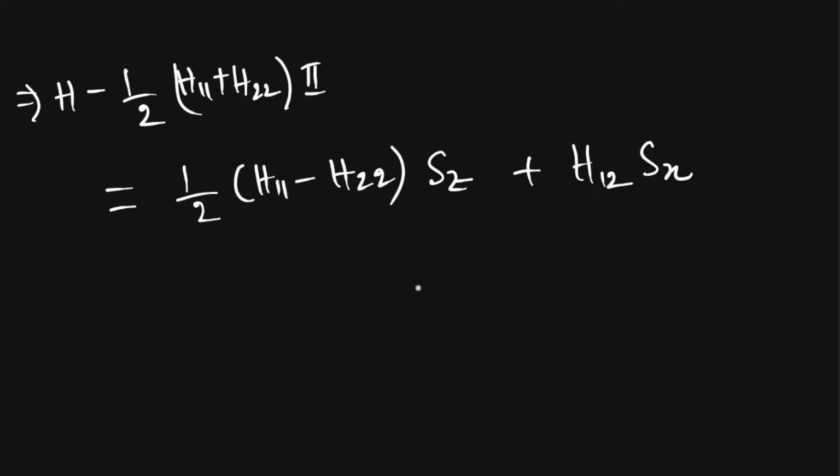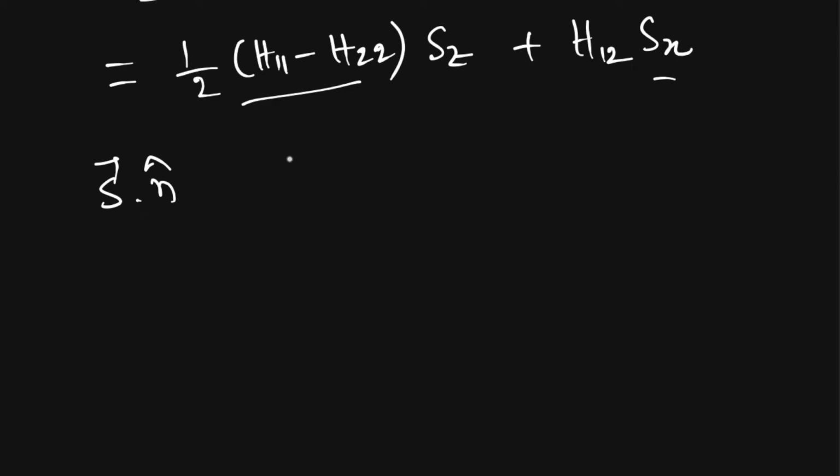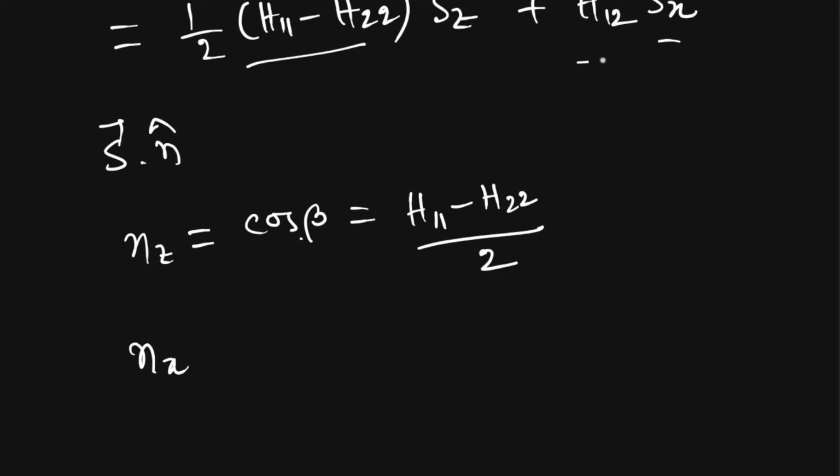Now if this is similar to the S·n operator, then this term will correspond to nz, the nz component, which was cos β, equal to (H11 − H22)/2, and nx is equal to H12 and ny is equal to 0.